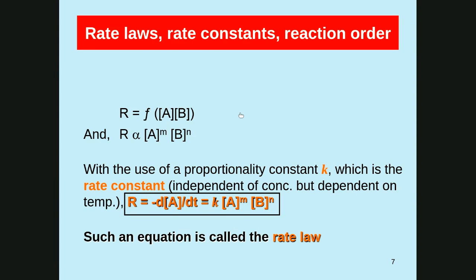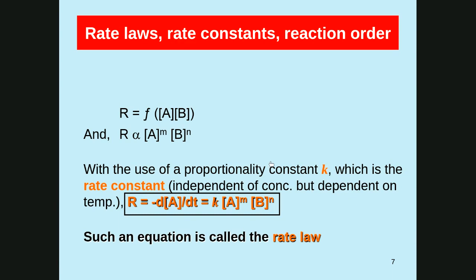But in the first instance, you would get from experimentation values of m and n. You cannot predict it, right? Because these reactions are usually way too complicated to make any theoretical predictions about them. You always have to do experiments to find out.